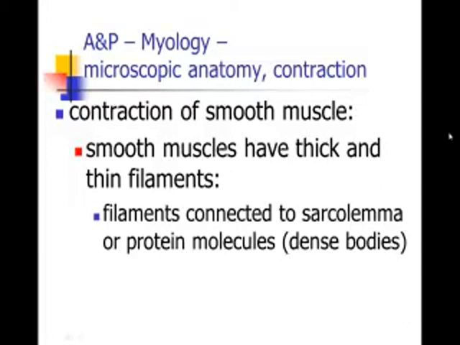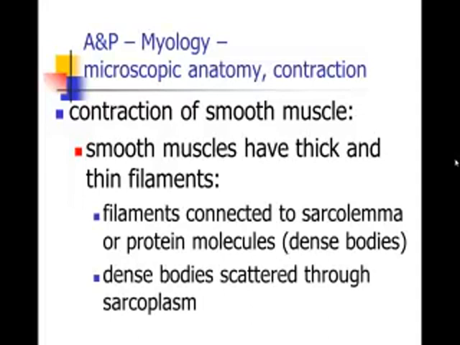Smooth muscle cells are different. They have both thick and thin filaments, and the filaments, instead of being connected to the Z membranes, are connected to the cell membrane itself, or to protein molecules within cells, referred to as dense bodies. The dense bodies are all throughout the sarcoplasm.